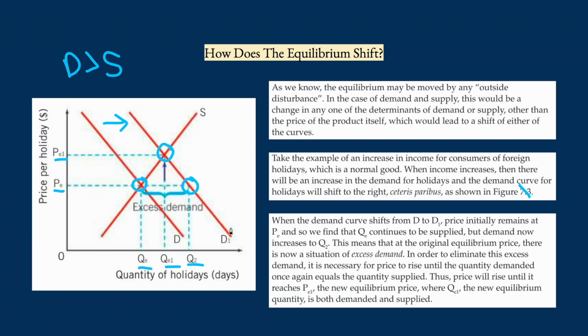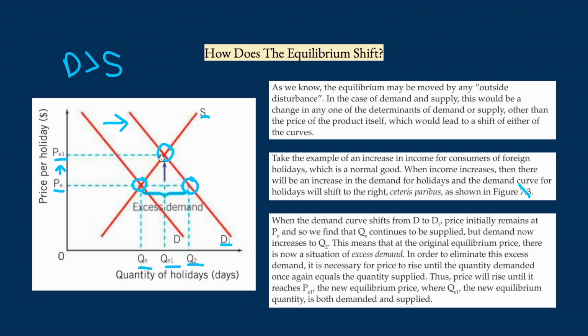So based on this new curve that we're going to be focusing on, D1, and the original supply curve, we're going to see where they cross, basically where their new equilibrium is. As you can see, I already circled it here before, and this new equilibrium takes place at an increased price, PE1, to stand for equilibrium 1, or the next equilibrium from the original, and then it's going to be at a place where supply and demand have quantities QE1 for the second equilibrium, okay?